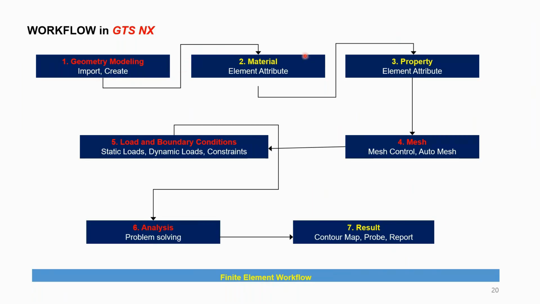And apart from that, we need to assign the material property and the type of elements which will be assigned during meshing, and ultimately the meshing of the entire domain, and the consideration of the loading and boundary condition as per our application, and then finally analyzing the problem and then post processing.